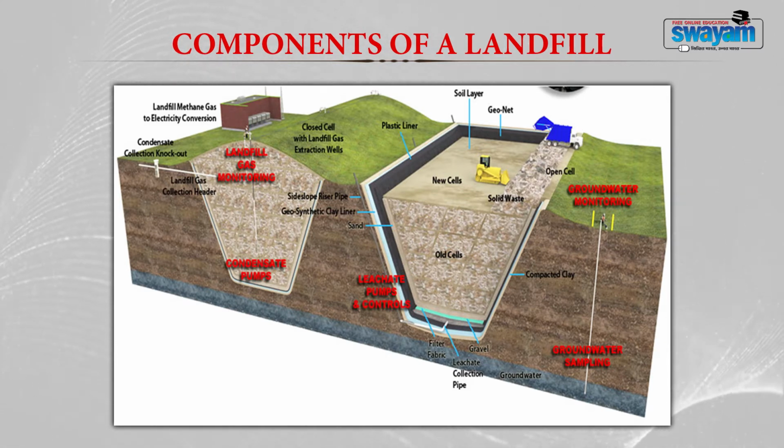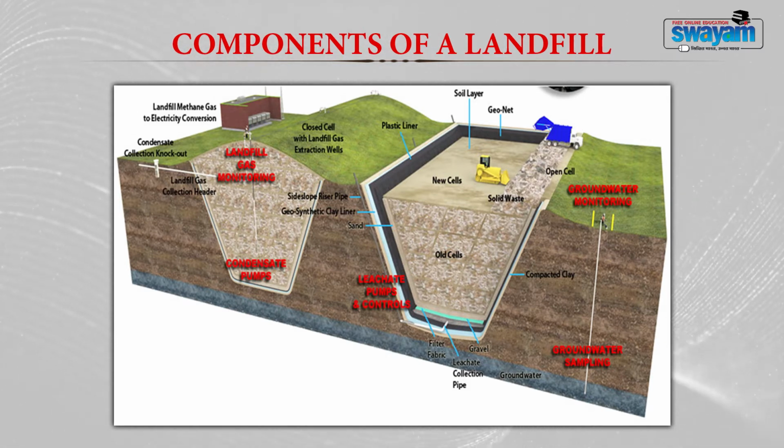By doing so you can find out if there is any rupture in your liner system and any leakage of leachate into the groundwater body. Likewise, the landfill gas monitoring station will assess the emission of gases that occurs within the landfill. So, especially the landfill gas monitoring and groundwater monitoring is done at the post closure monitoring.